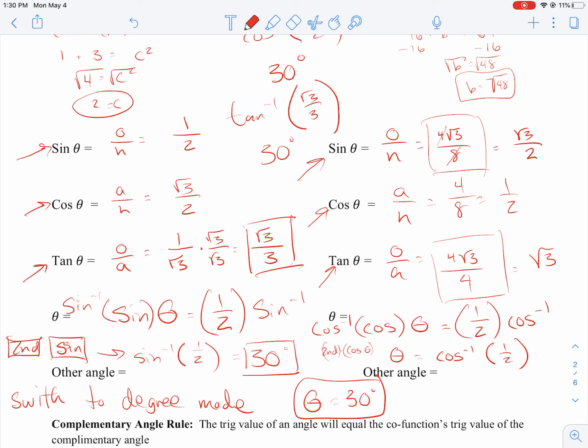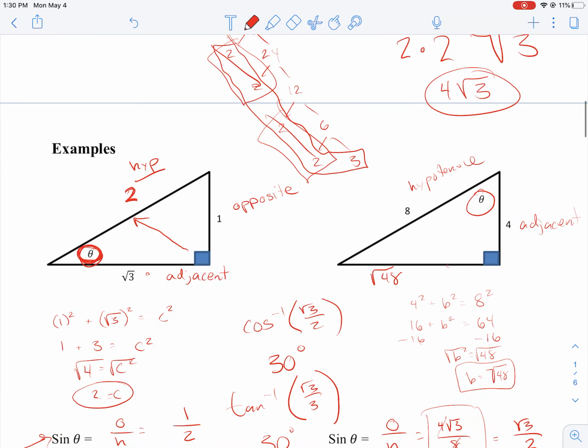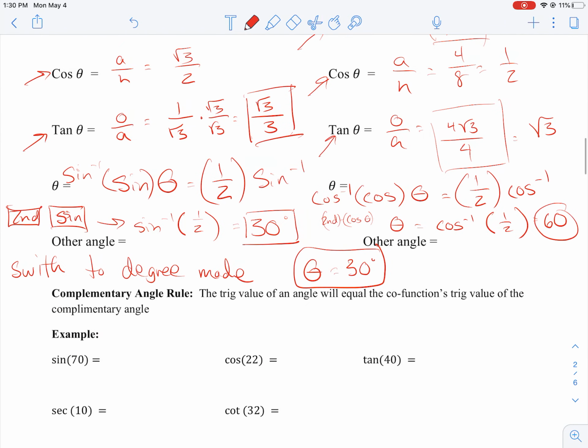Make sure you're in degree mode. When you plug that in, you get 60. Whoa. So theta is equal to 60 degrees.